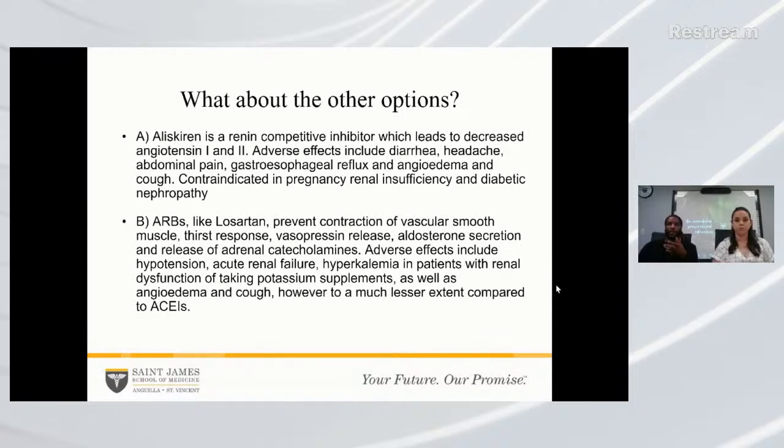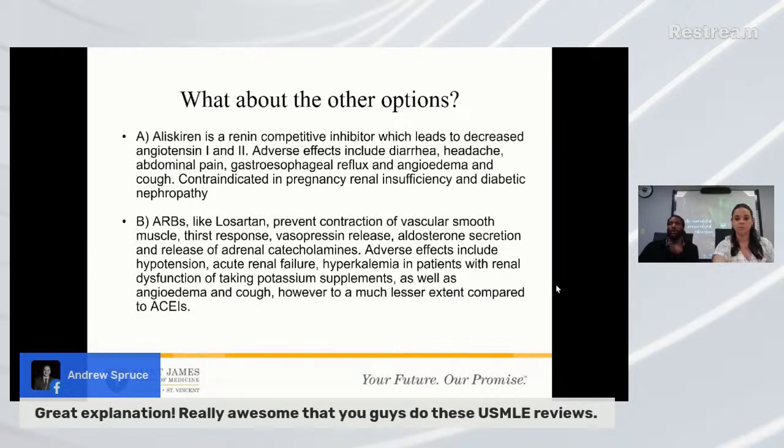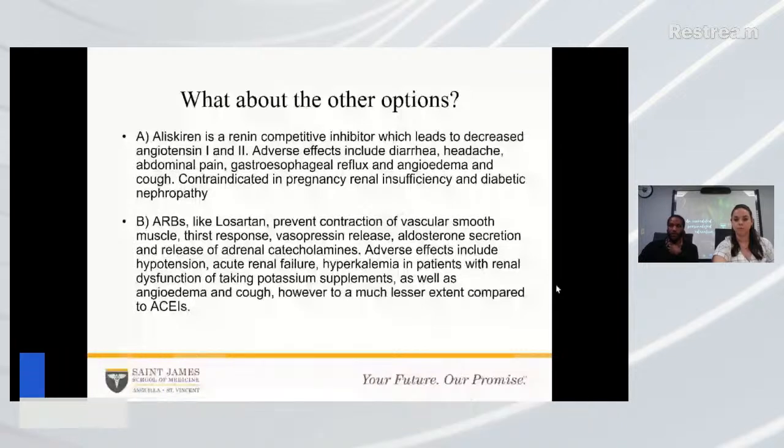So classically, if you have somebody on an ACE inhibitor and they start to develop this cough, you would usually switch them over to an angiotensin receptor blocker because they're less likely to get that cough. We'll talk about it in a little bit, but it has to do with one of the other uses of ACE, the actual angiotensin-converting enzyme, in the lungs.